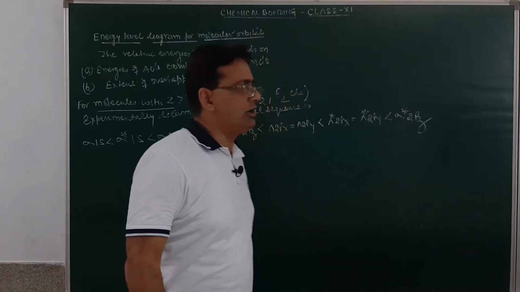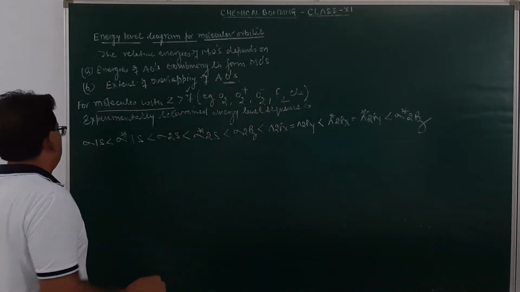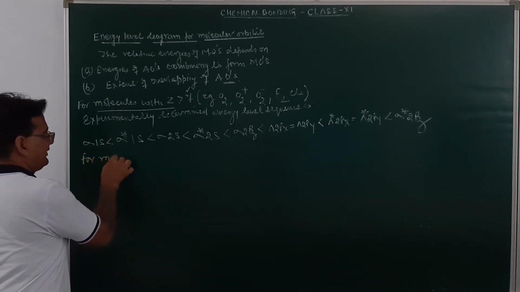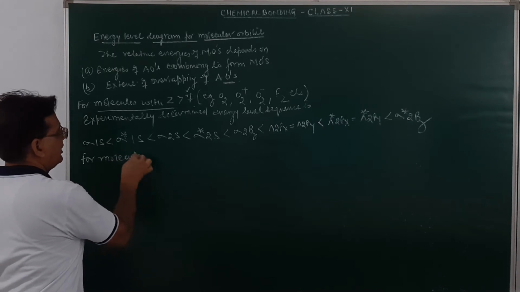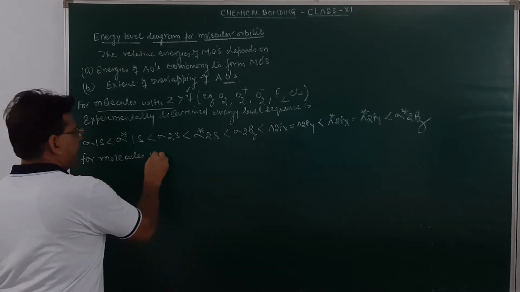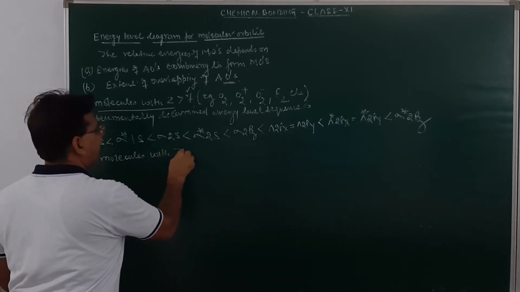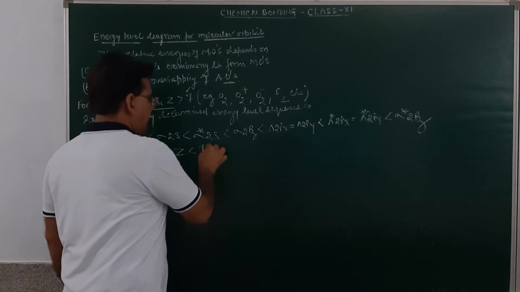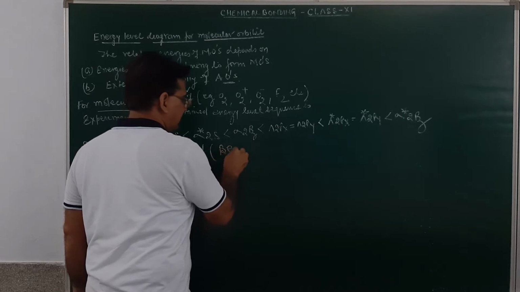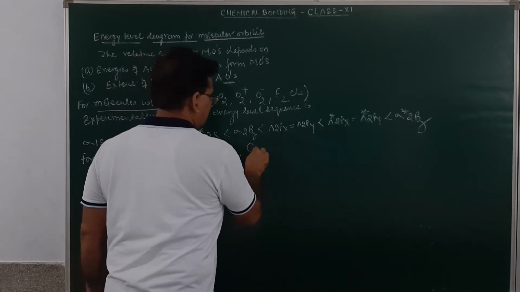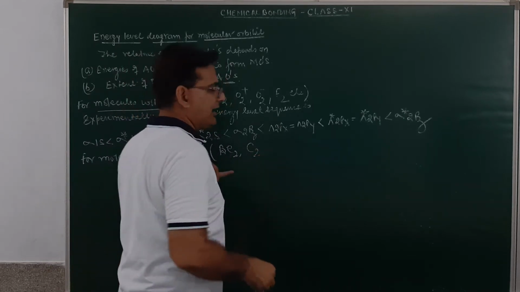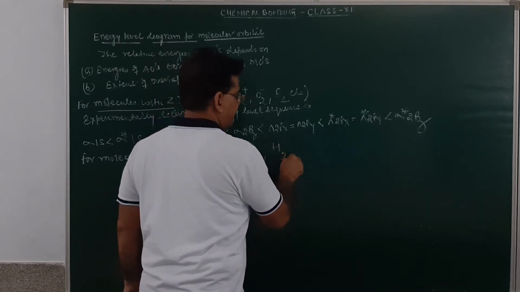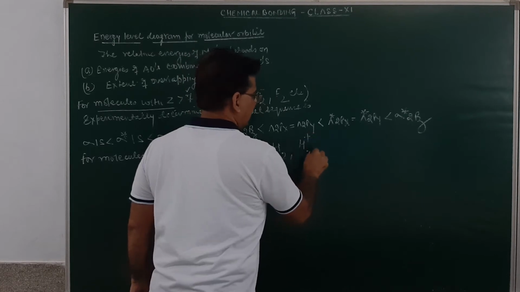Then for molecules with Z less than 7, for example the beryllium molecule, the carbon molecule, whether they are possible or not is another matter, or the hydrogen molecule, H2 positive, H2 negative.